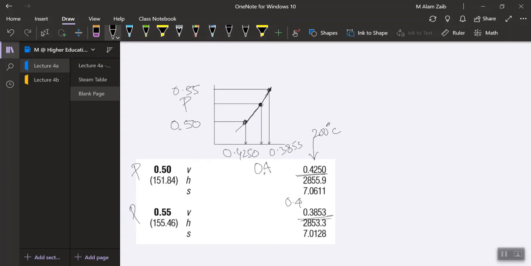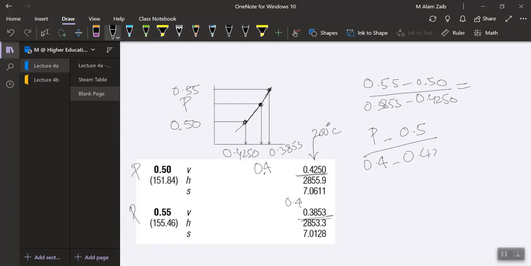Same would happen here. Let's suppose again the slope formula we will be using. So (0.55 minus 0.50) divided by (0.3853 minus 0.4250) should be equal to (P minus 0.5) divided by (0.4 minus 0.4250).